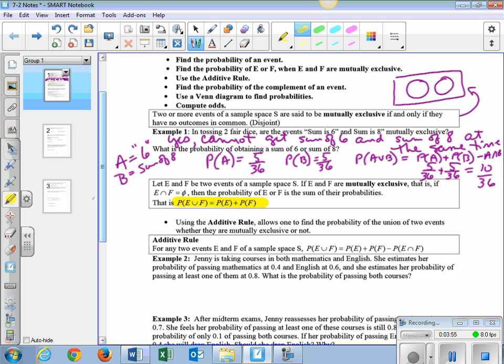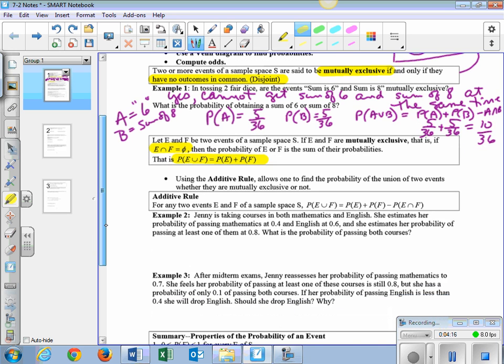Now, I'll be very honest with you, I'm not going to memorize that formula I just highlighted. But do notice that when it's mutually exclusive, the intersection of E and F is the null set. And let's go back and highlight mutually exclusive, nothing in common, or disjoint. Those are some terms that are very important to be familiar with.